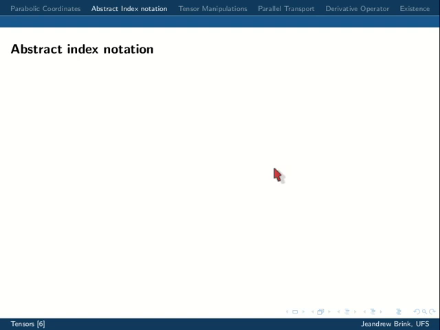Initially, for working examples in two dimensions, this abstract index notation is fine. In fact, in the course in Stellenbosch, I kind of start here. But I did want you to see the underlying structure of the manifold developed.